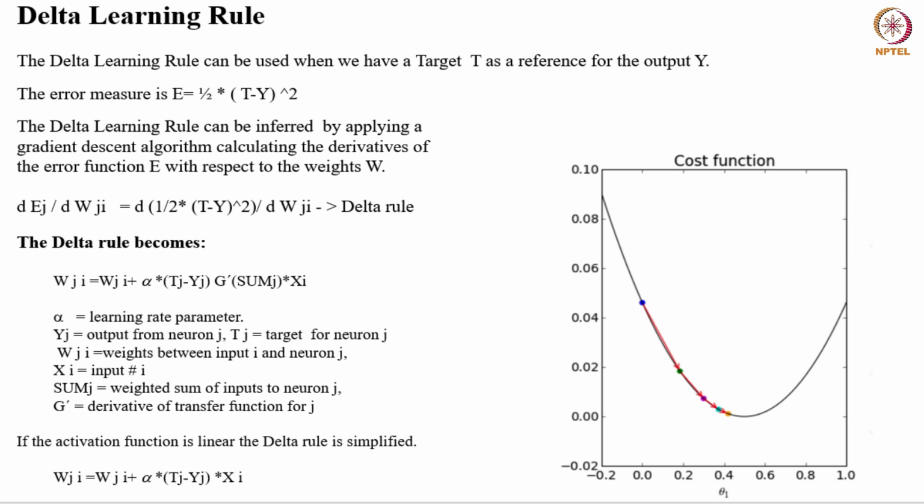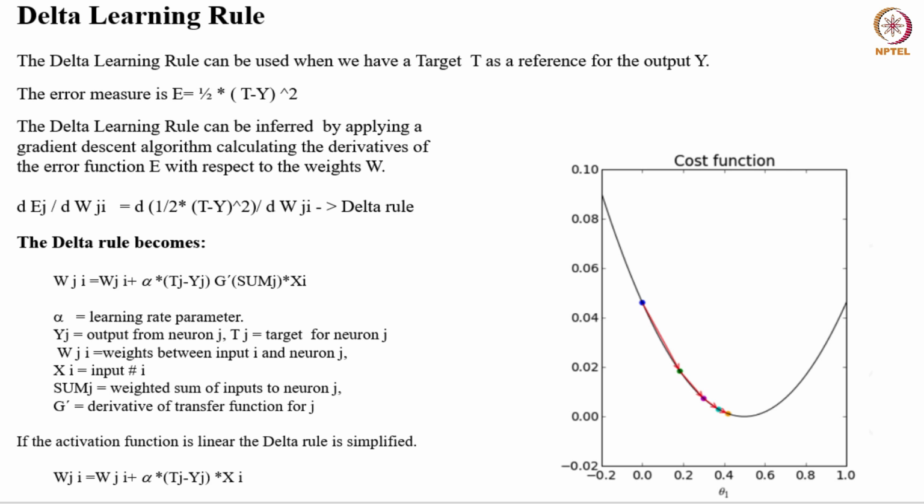The delta rule is actually derived. It's not derived here. You will only see the outcome. But the starting point for the derivation is that you look at the derivative of the error with respect to the specific weight value you want to adjust.